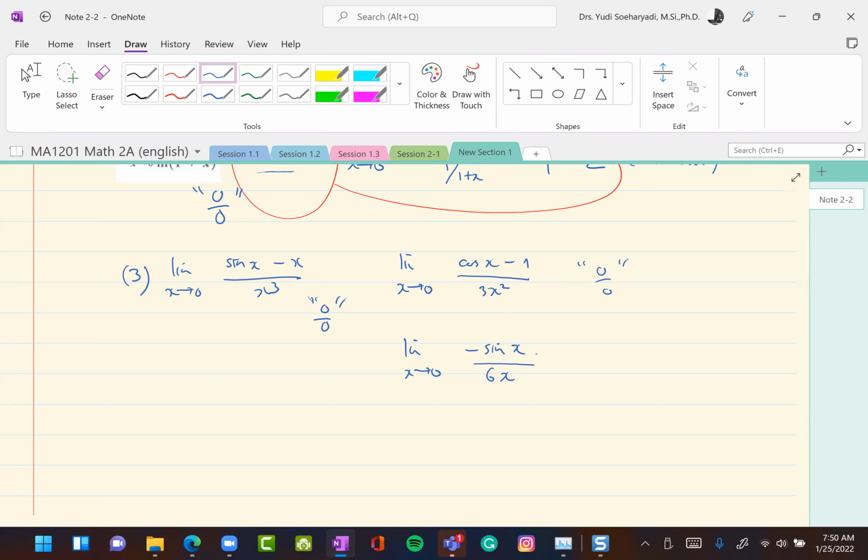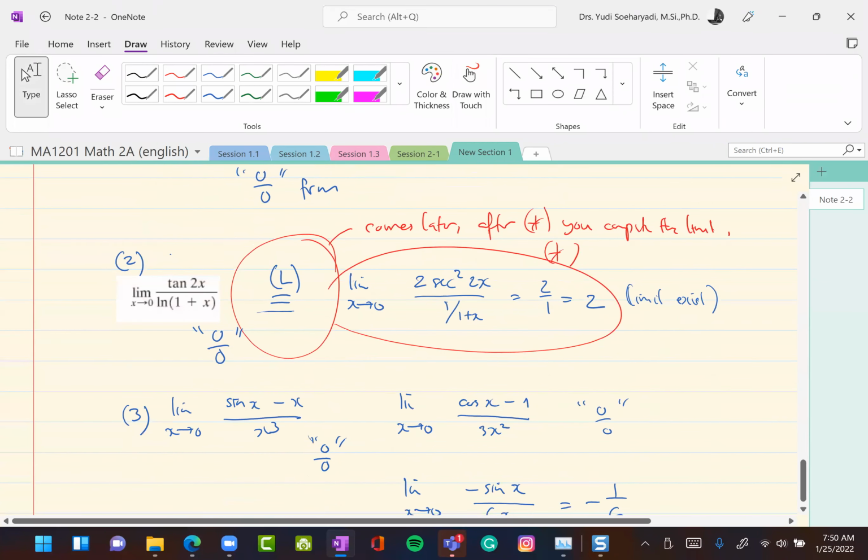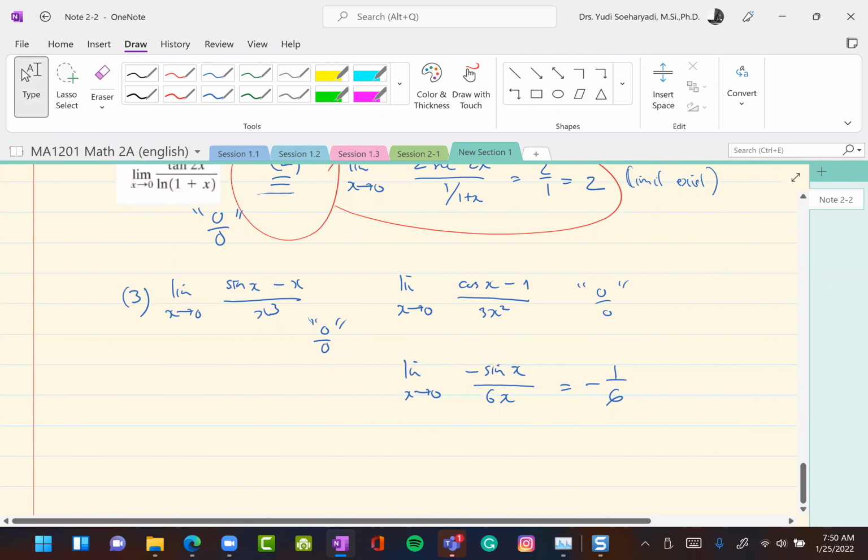Now the limit exists, because we know this is sine x over x, so this has a limit. Okay, so either using special trig limits or the other example number 1. Okay, so this is 1 over 6. All right.